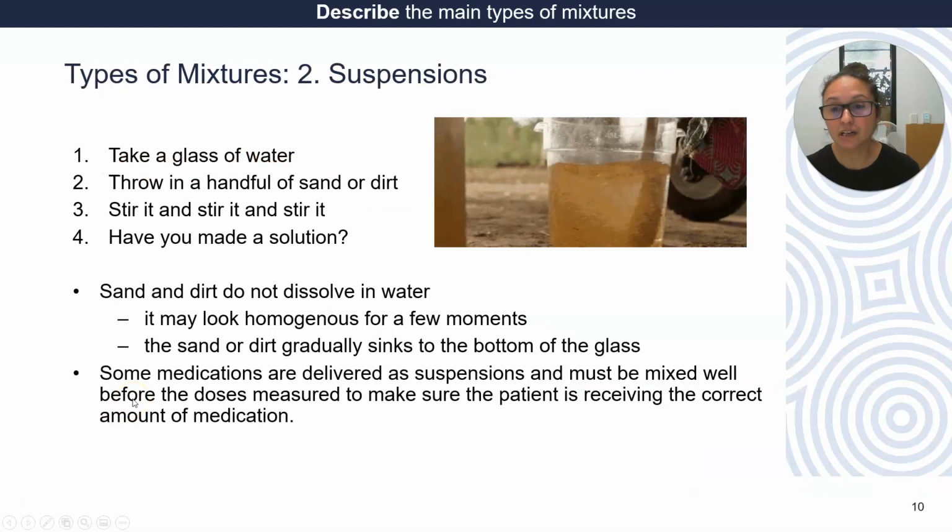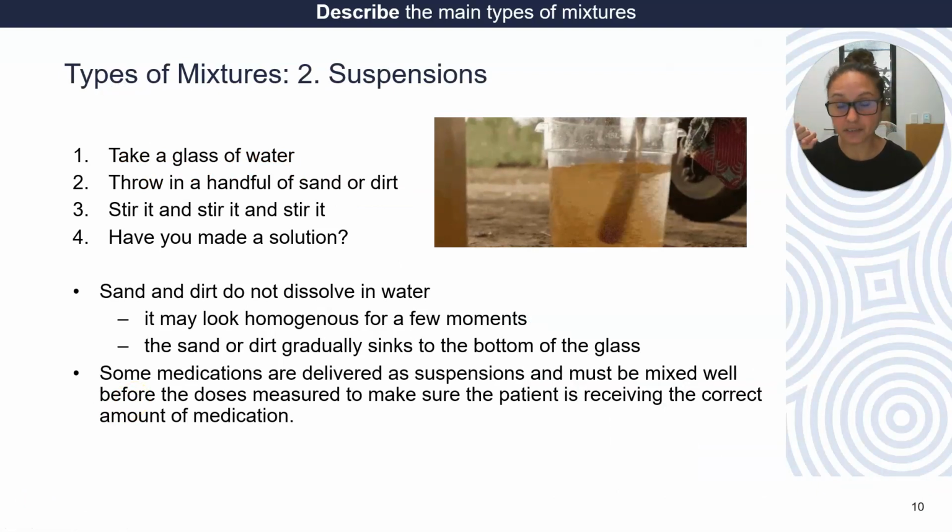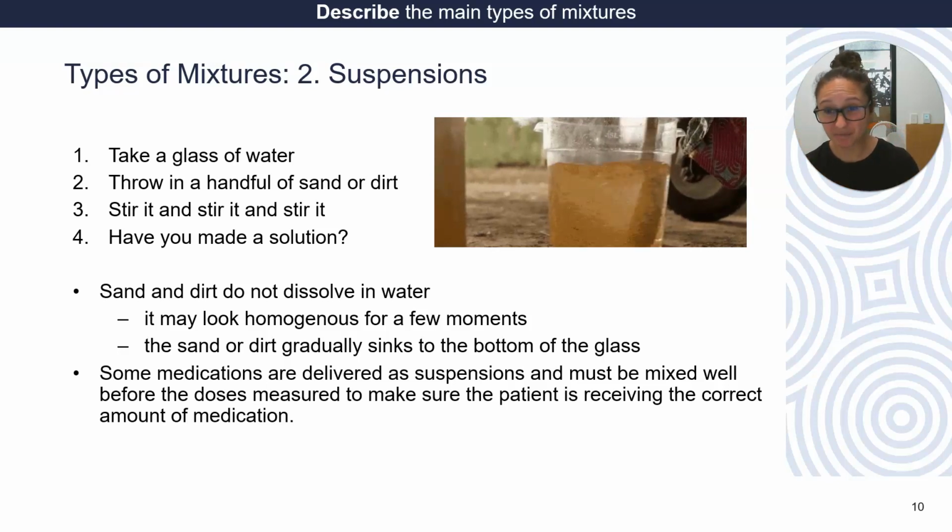Right, let's have a look at this now. This is at the other end of the spectrum. This is called a suspension. So if you put solutes into a solution and the solutes are really, really big, you can mix it up, that's fine, but after a while it will settle out, okay?